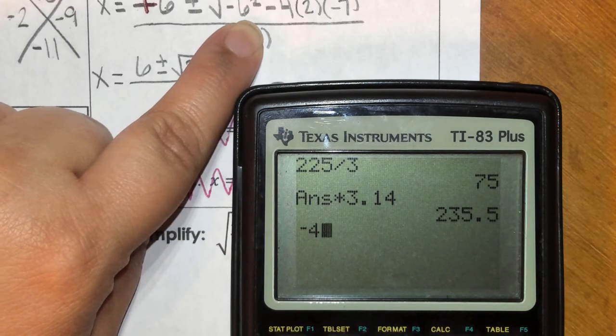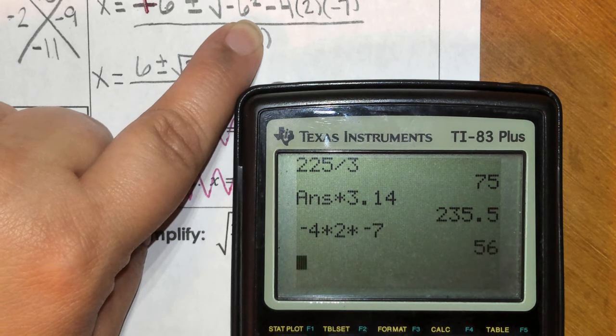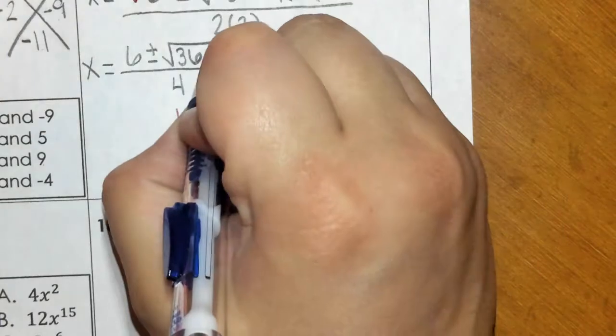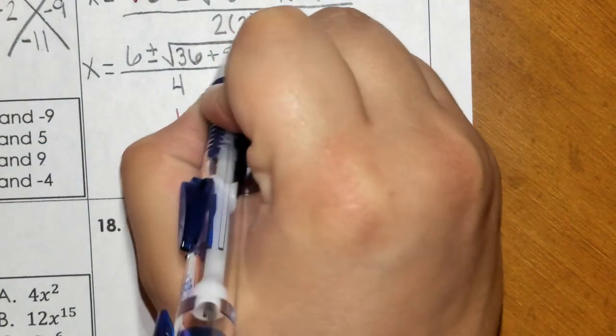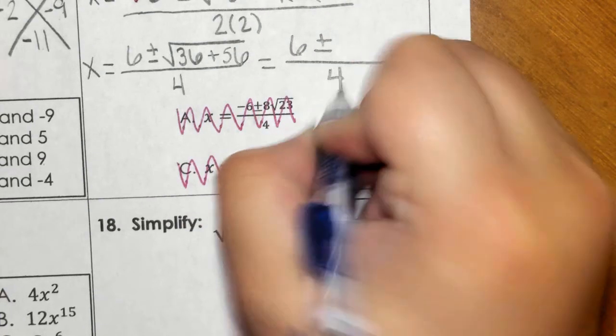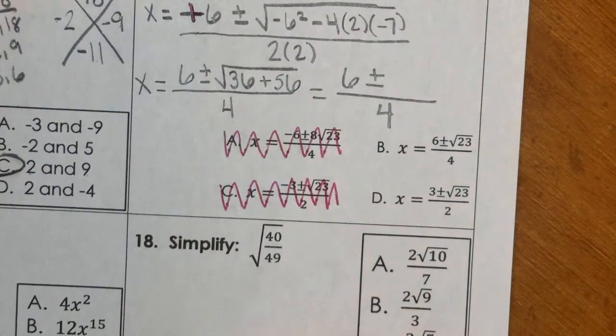So I did -4 times 2 times -7. That is a +56. So plus 56. Then I'm going to add 36 plus 56, which is 92.